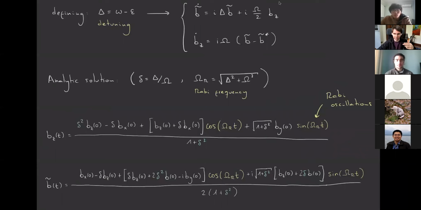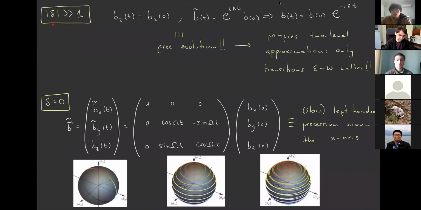And then we have analyzed two limits. First, the limit in which the detuning is super large compared to the interaction or the coupling between the atom and light. In that case, we recover free evolution, and this justifies the two-level approximation. So perfect, like we expected.